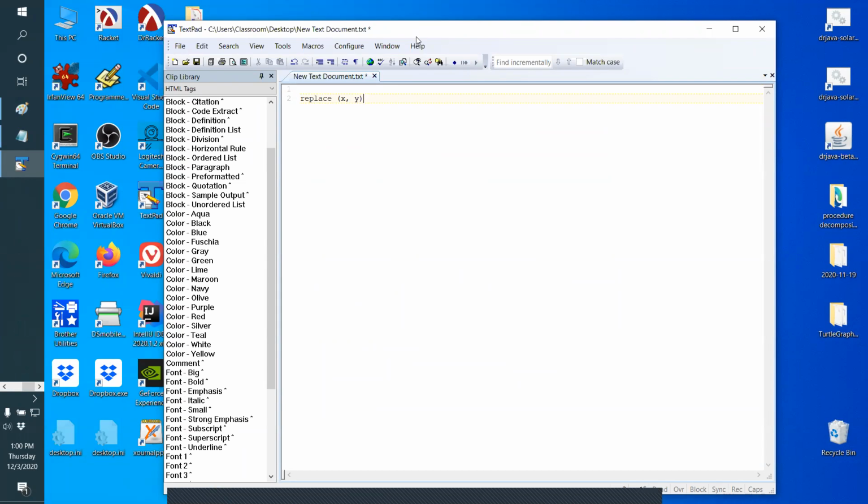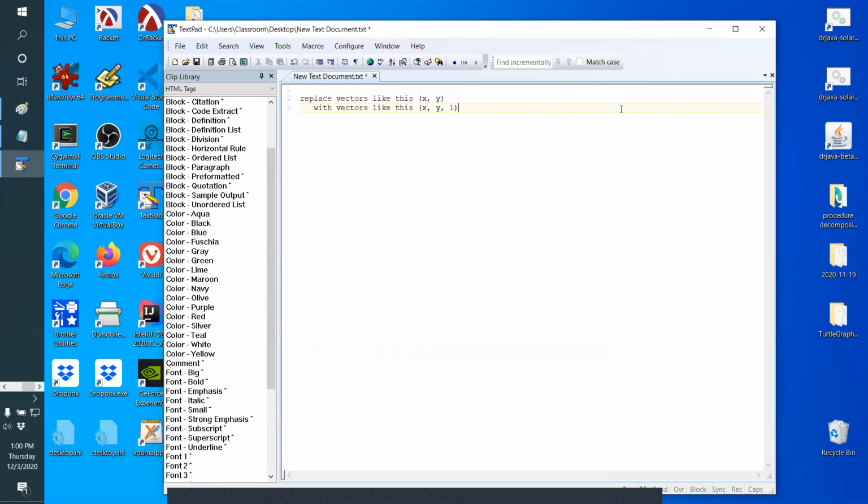Replace vectors like this with vectors like this. We're going to replace every vector x, y with a vector x, y, 1.